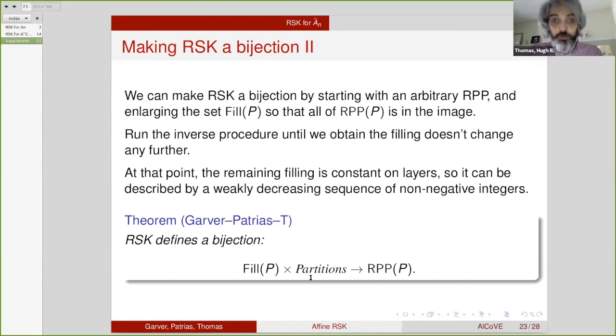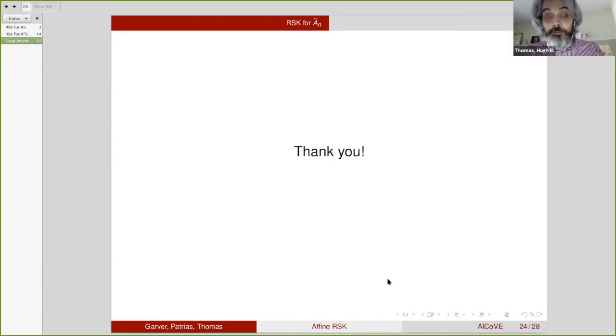You record what's in the bottom layer, then the next layer up, and so on. So RSK defines a bijection from a filling together with a partition, which remembers the persistent part, to all the reverse plane partitions. Okay, thank you.